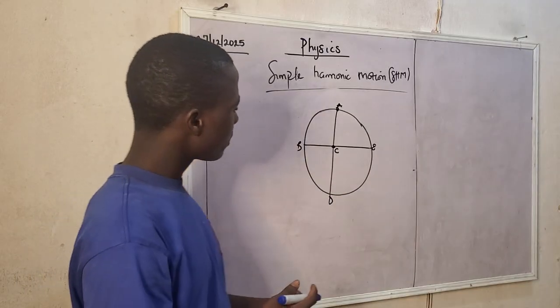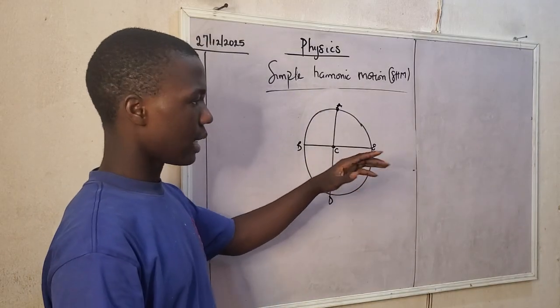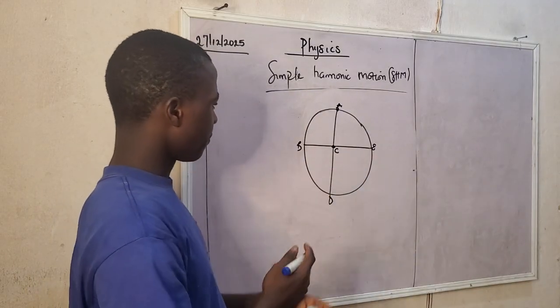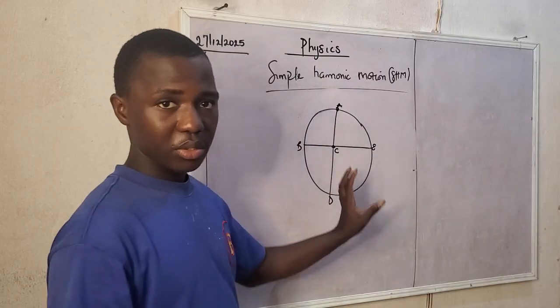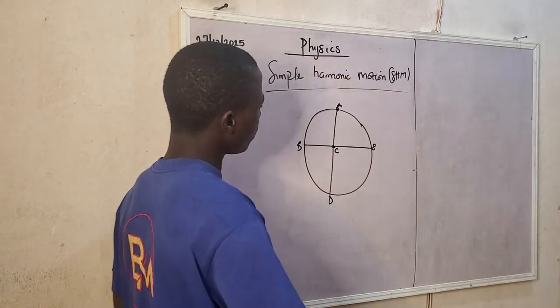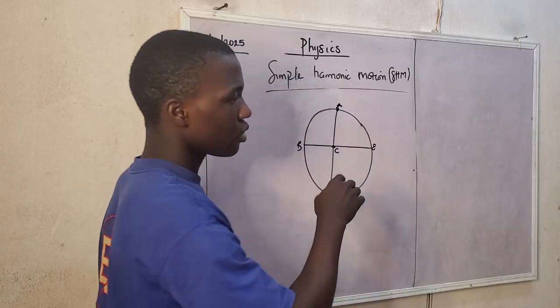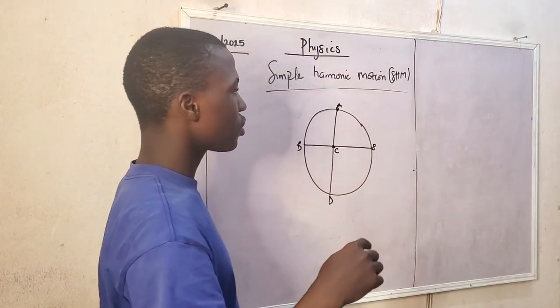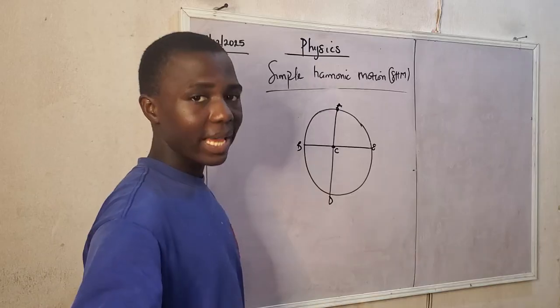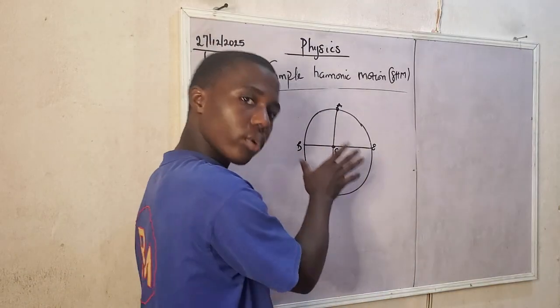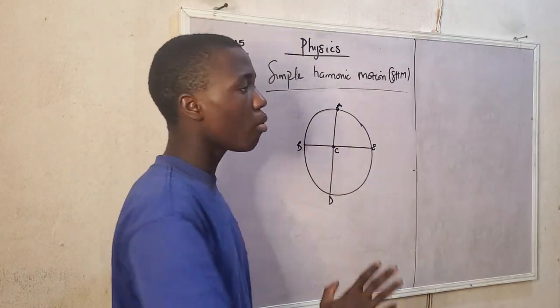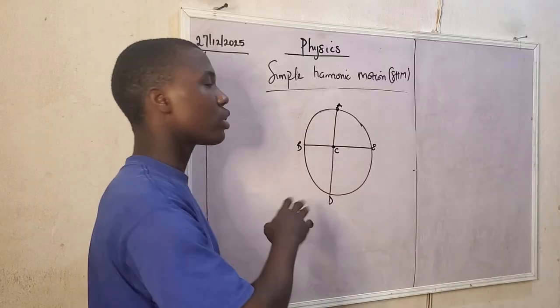Take for instance an object moving. Let's consider this diagram to be a circular board. If this object begins to rotate on this circular board, know that the motion is not simple harmonic, because simple harmonic motion is a motion on a straight line. The motion may be periodic when it comes to circular motion, but it is not simple harmonic.